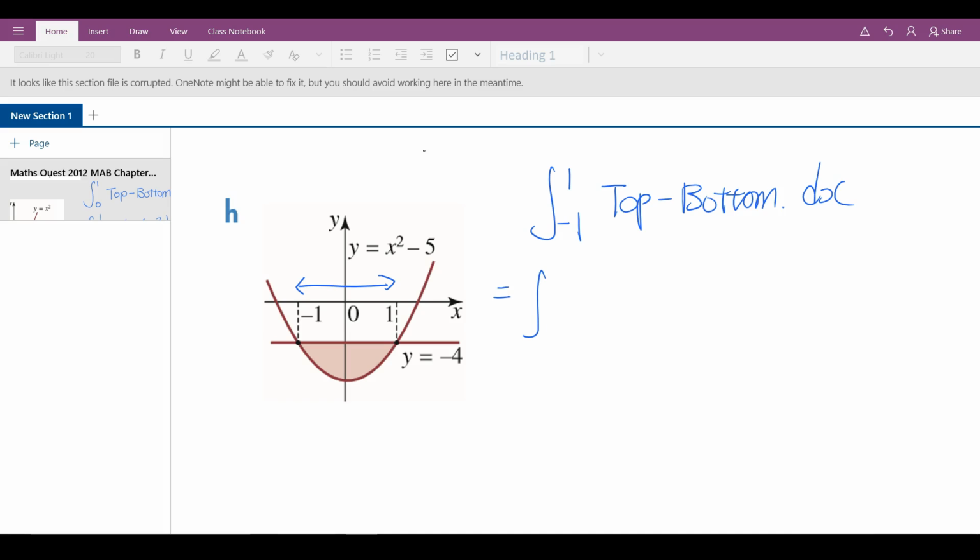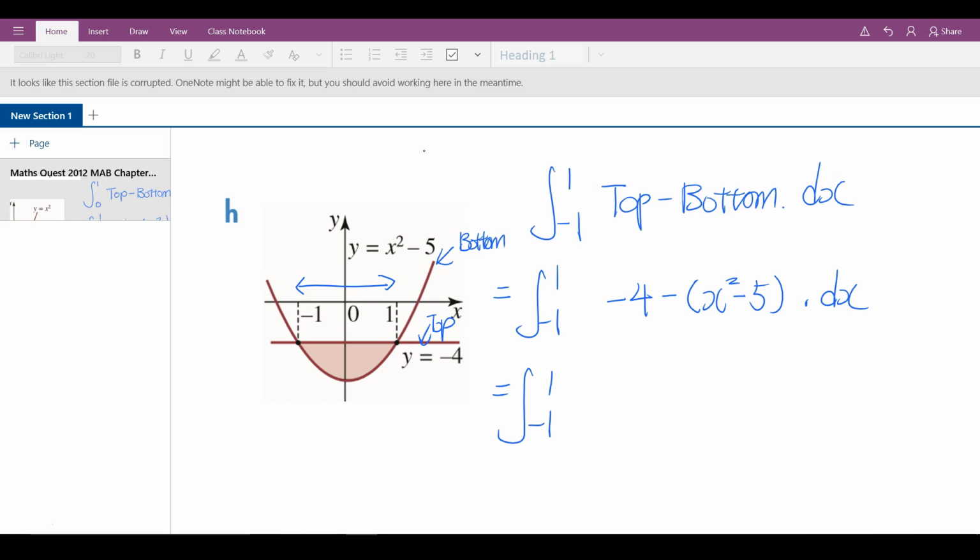Let's see which one's on top. It looks like y equal to -4 is on top, and our happy face parabola is on the bottom. So it's -4 minus x squared minus 5, and integrate with respect to x.